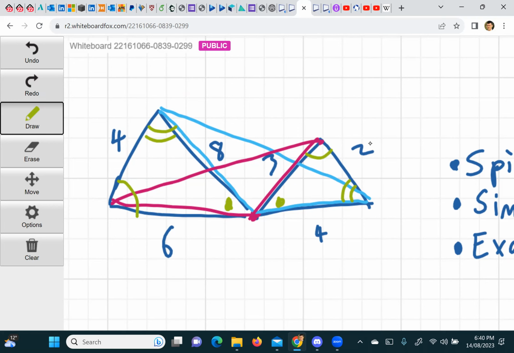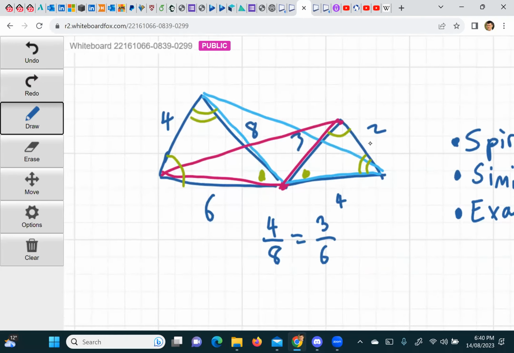I haven't had a chance to say the sides are in ratio, but basically, we had 4 over 8 is equal to 3 over 6, right? That's what we started with.